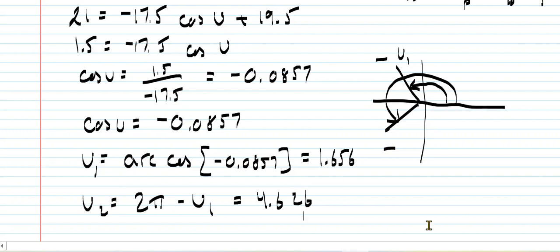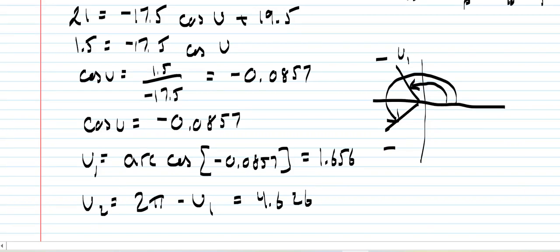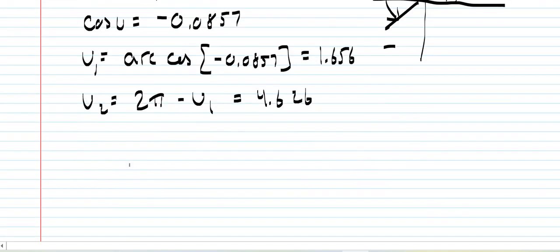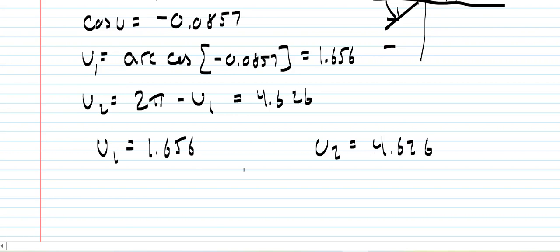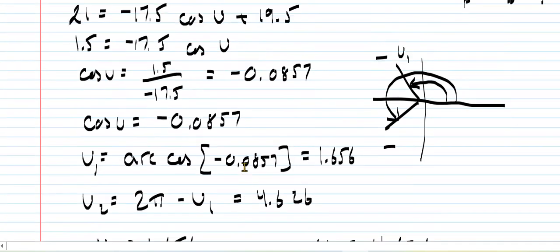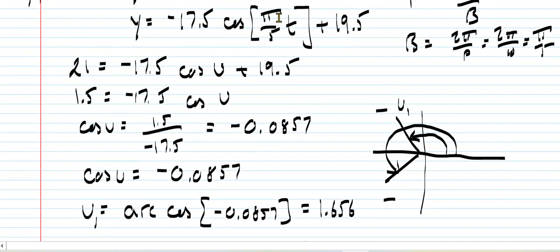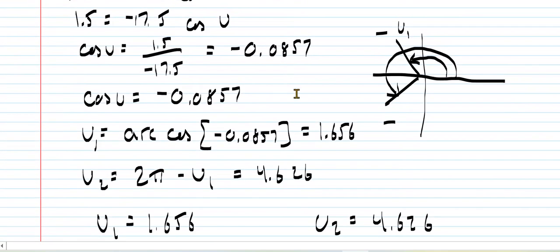Now, we're not interested really in what u is. We want to find out what our t's are. So I'm just going to write u1 equals 1.656, u2 is equal to 4.626. And then going back to our substitution, we did a substitution where u is equal to pi over 5 t.